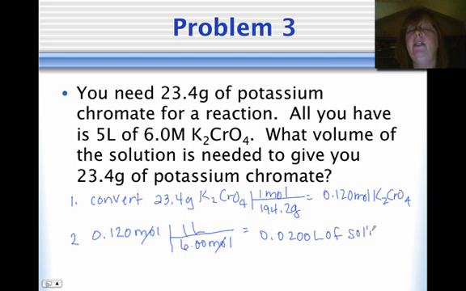So in other words, if you wanted to deliver 23.4 grams of potassium chromate, you would have to use 0.02 liters of the 6 molar solution. And to be a little more lab friendly, that would be 20 milliliters of the solution.